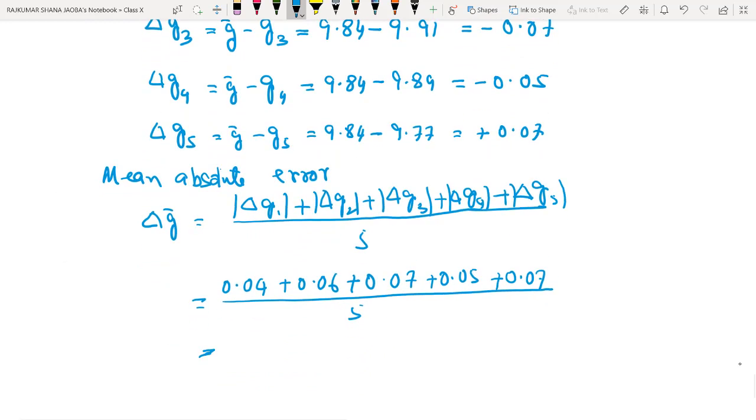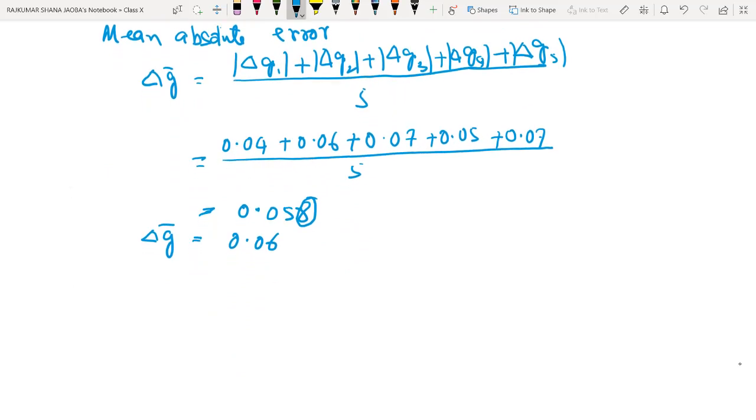So this is 0.058. Now this 8 is rounded, so it becomes 0.06. So this is delta G bar.